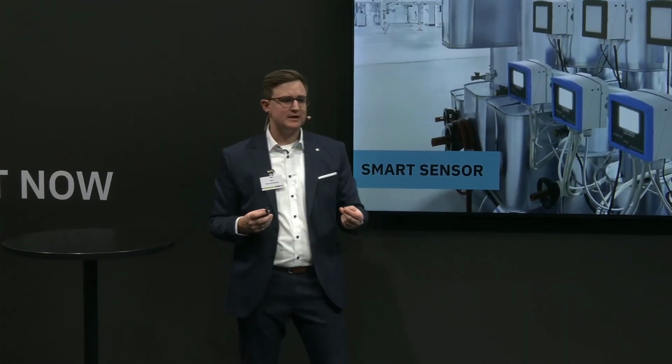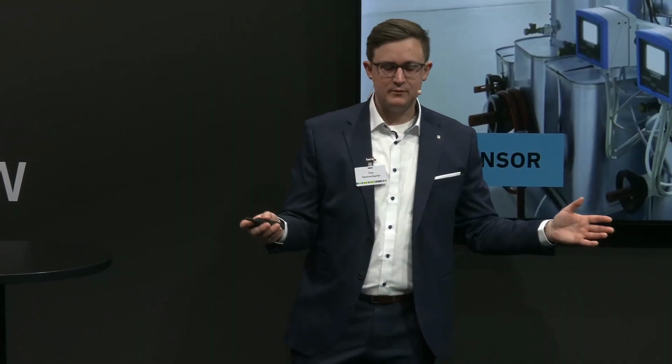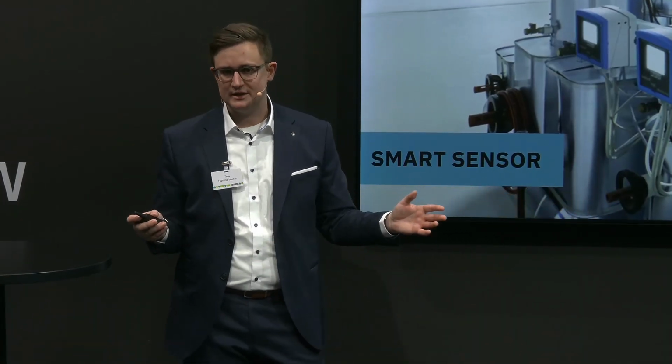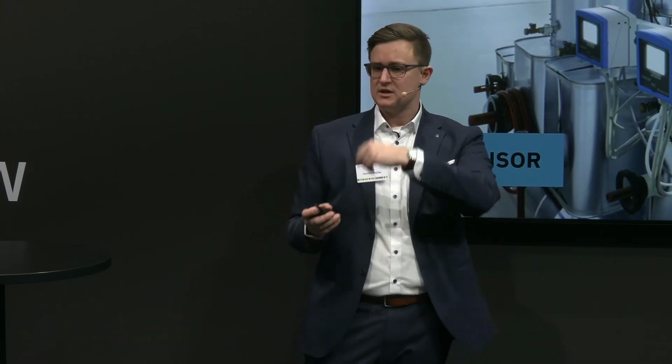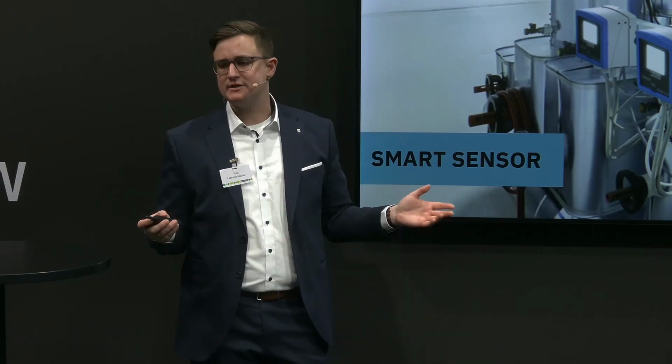So let's imagine that we have 10 different machines, and we want to monitor the process parameters more precisely. So for example, product size, product weight, and so on, for our quality control.